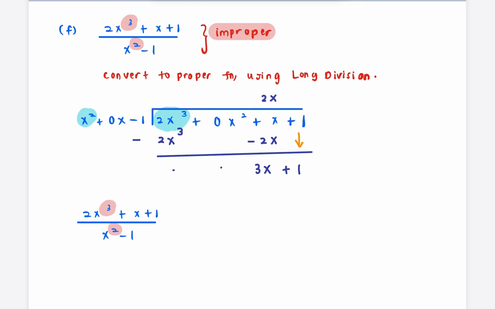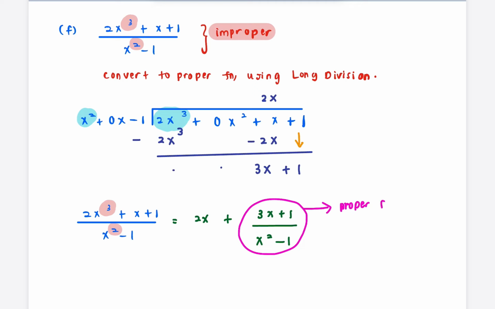Follow the steps. Okay. After proper, you have to factor the denominator completely. So just follow the first answer, 2x plus 3x plus 1. Factor further, x squared minus 1 is x minus 1 and x plus 1. And then this one is linear.